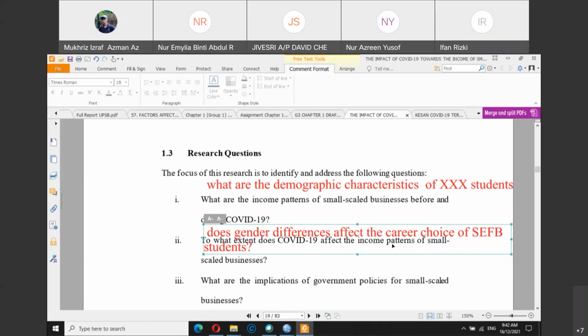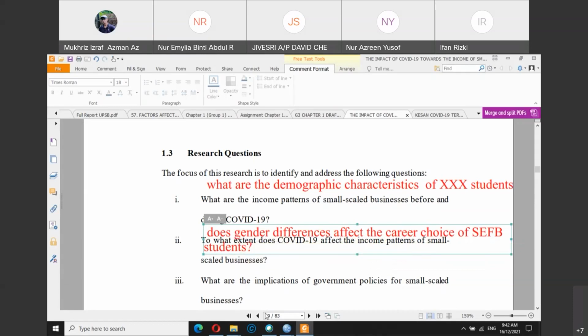So we want to analyze each of the 4 factors to see if there is any difference when it comes to gender. Why gender? Because there are only 2 groups. Gender is only 2, male or female. We don't consider transgender or LGBT or whatever.